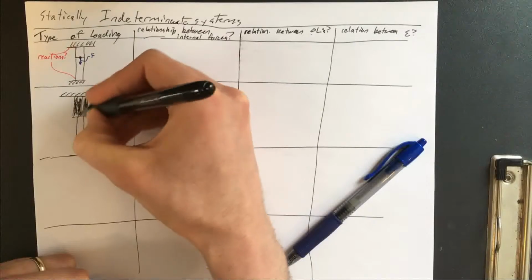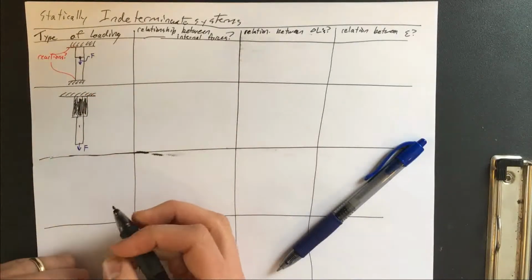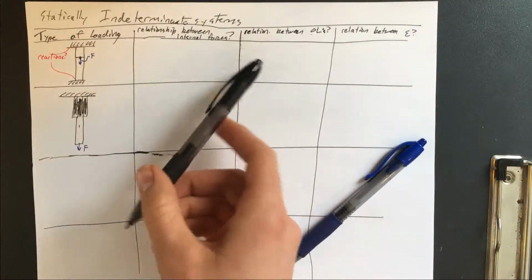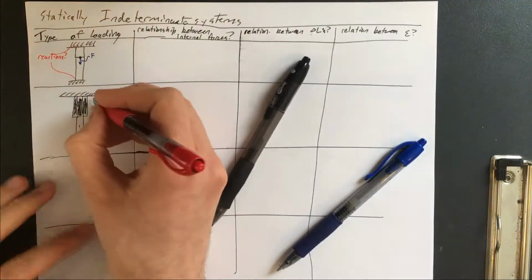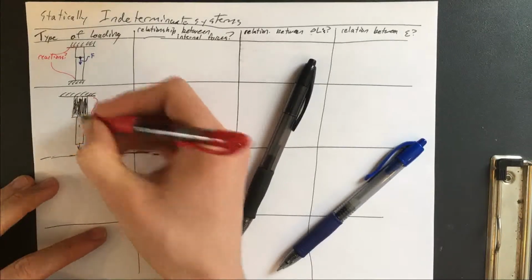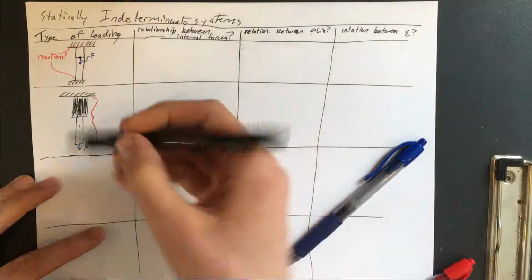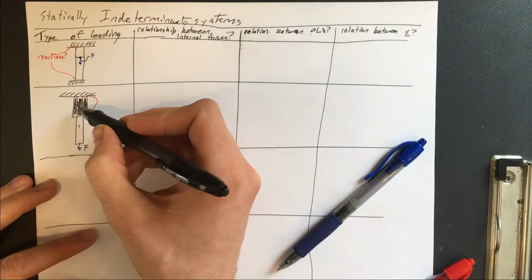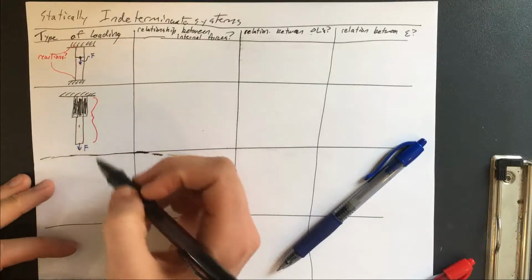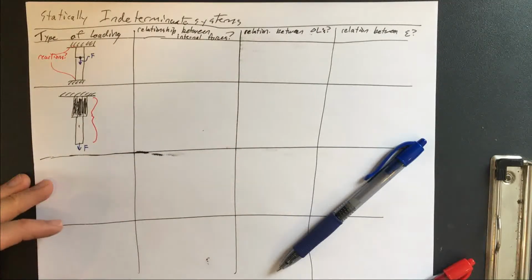Or maybe we have one solid material here and then another solid material here. So we might be interested in the overall deformation of the structure, or the separate deformations of these 2 parts. Strictly speaking, this one wouldn't necessarily be statically indeterminate, but I'm including it in the mixture because it can be a type of loading configuration that you might run across.